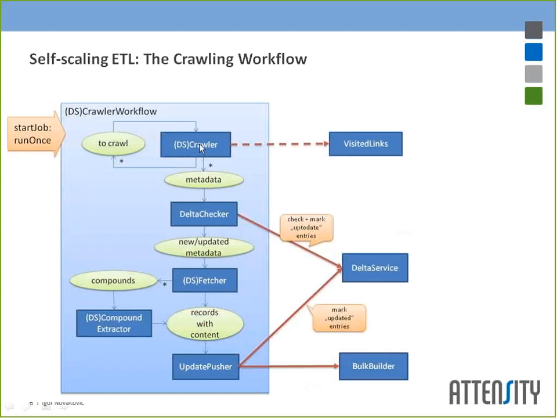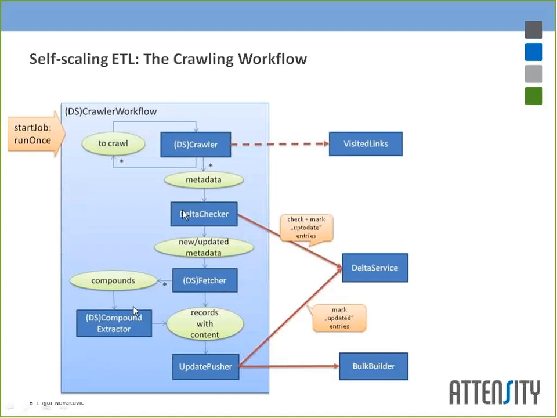So for the crawler, there will be one implementation, for example, for crawling a web server. So you would have in this place the web crawler. If you are crawling the file system, then you will have in this place the file system crawler. The same goes for the fetcher. This is a component which is also dependent on the data source, and a compound extractor.